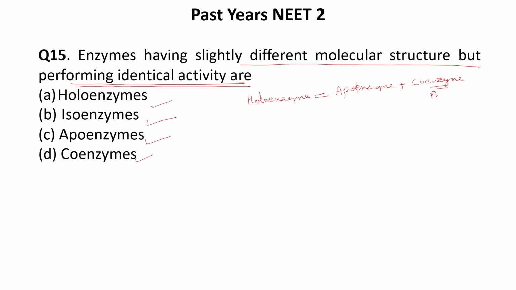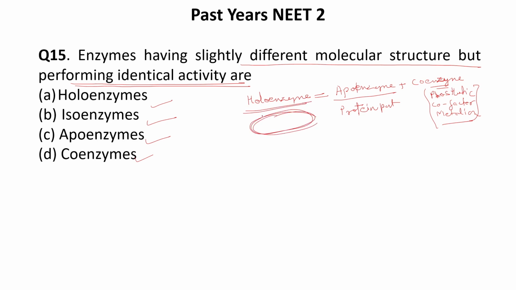Coenzyme can be a prosthetic group, can be a cofactor, can be a metal ion. These are the different types of coenzyme. And the apoenzyme is totally a protein part, and together this is the holoenzyme.